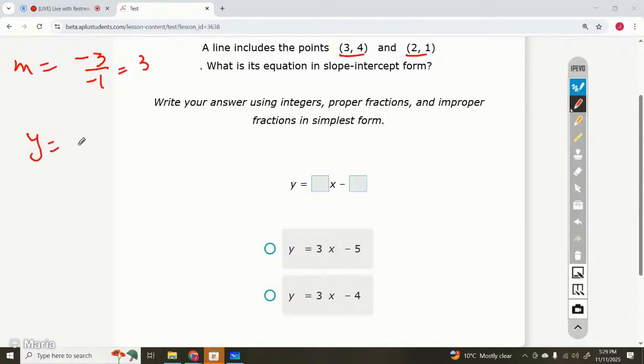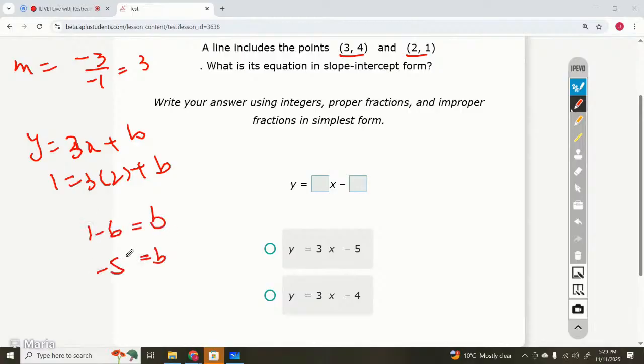Now use any of the points and calculate b. 1 equals 3 times 2 plus b. b equals 1 minus 6, b equals negative 5. So y equals 3x minus 5.